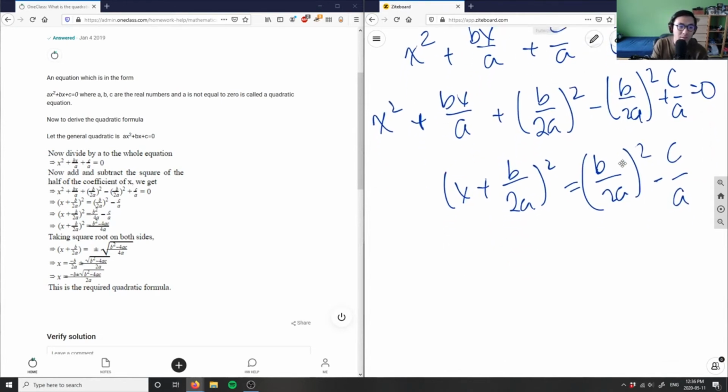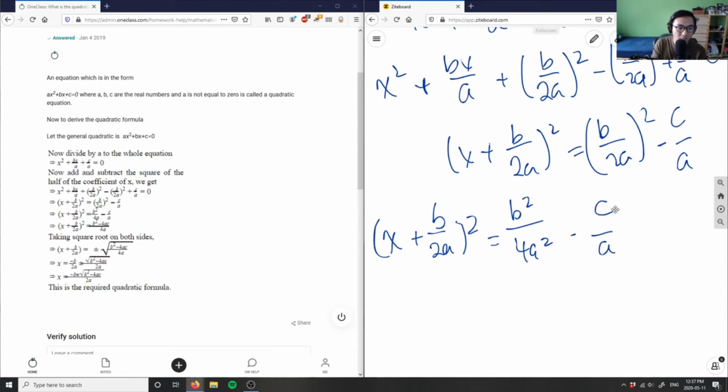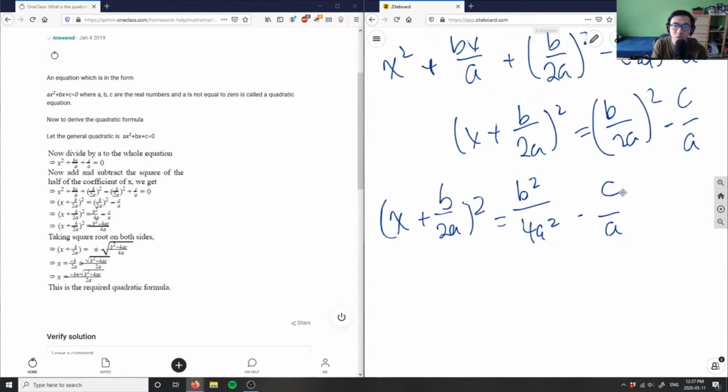What they did here was expand this bracket: b squared is b squared, 2a squared is 4a squared, minus c over a.